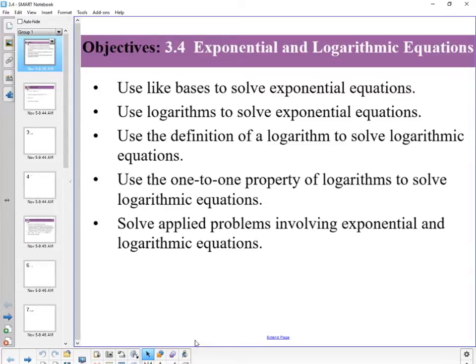Okay. Oh, that's not the right notes. Where are my notes? Those are the wrong ones? I'm on chapter 5, chapter 3. No, we're in chapter 4.